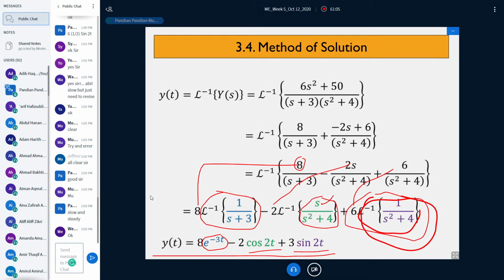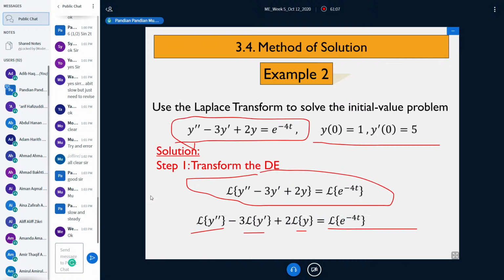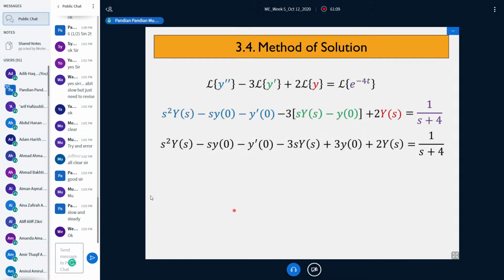So here, Laplace of y'' is s²Y(s) minus s y(0) minus y'(0), minus 3 outside the bracket, Laplace of y' is sY(s) minus y(0), plus 2 Laplace of y(t) is Y(s), and Laplace of e^(-4t) from the table.